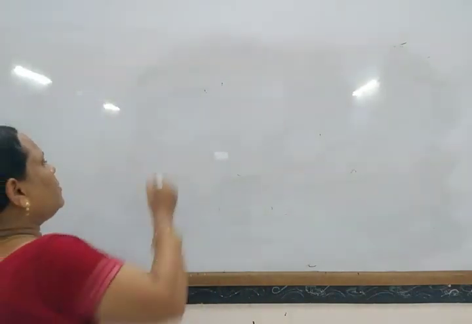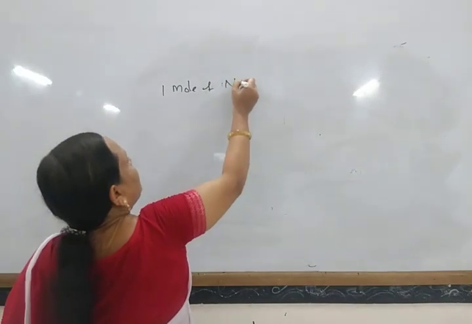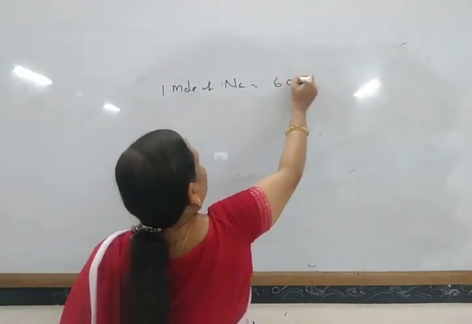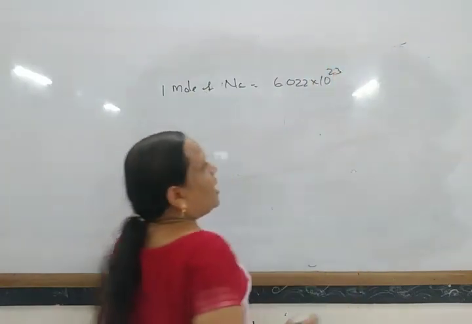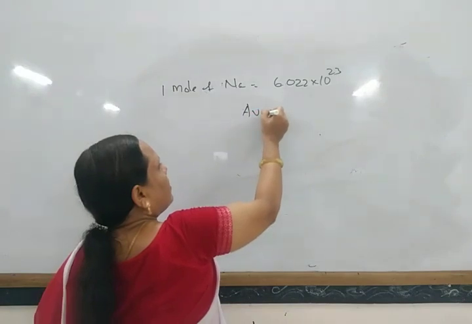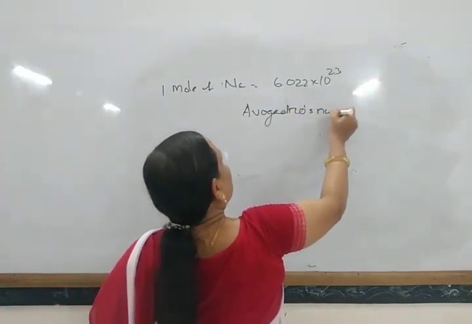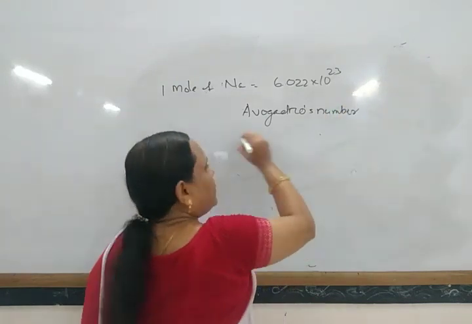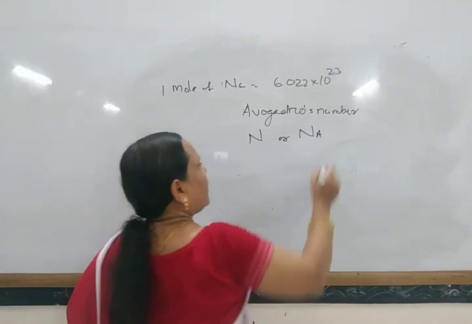Suppose I talk about 1 mole of sodium. That means 6.022 × 10^23, and this number is called Avogadro's number. This is represented as N or Na.